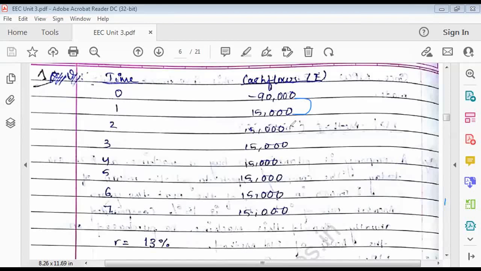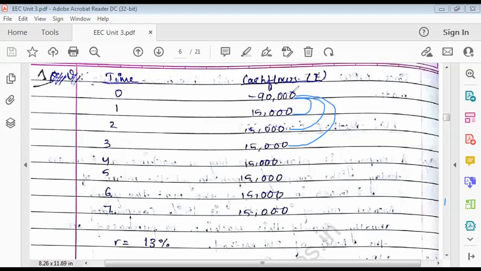What is the second question? What is the present value of 15,000 rupees that you're supposed to receive after 2 years? And what will answer the question? R2 by 1 plus R whole square. The third question you will be asking, what is the present value of 15,000 rupees that you're supposed to receive after 3 years?